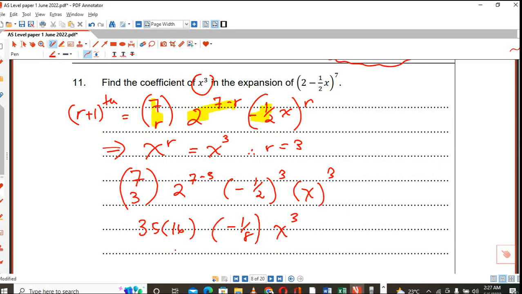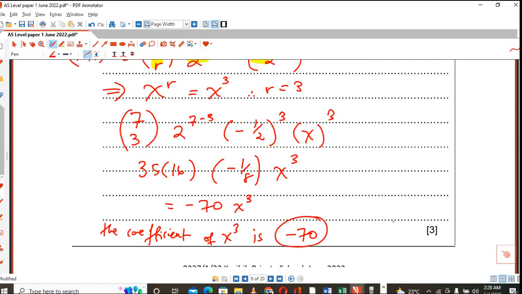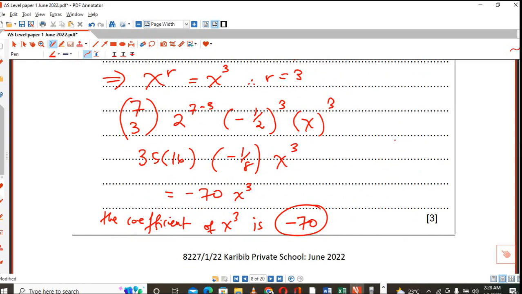To clean this up, you're going to get negative 70 x cubed. So what is the coefficient therefore? The coefficient of x cubed is minus 70. All right, that is how that question is done.